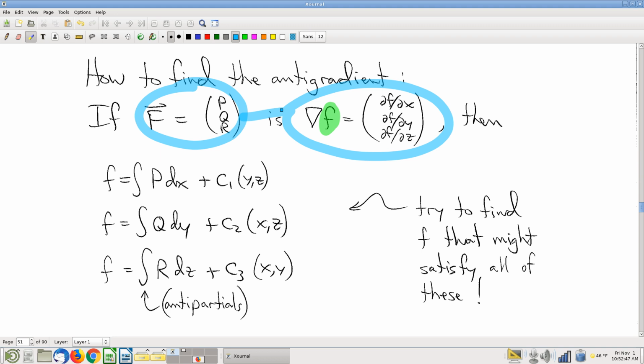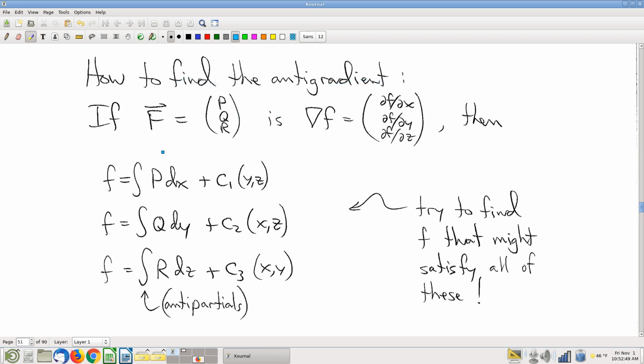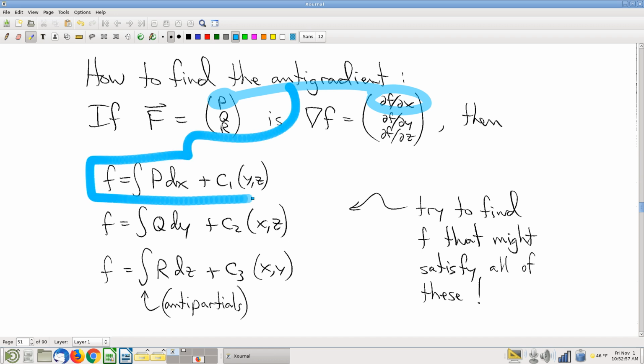And notice that an immediate consequence is that I need the first component to be the x partial of f. Or said differently, I need f, this thing that I'm looking for, my anti-gradient, to be the x anti-partial of the first component of the vector field.